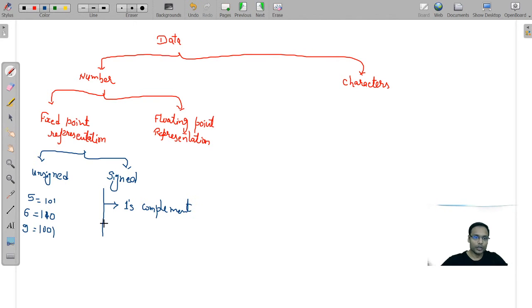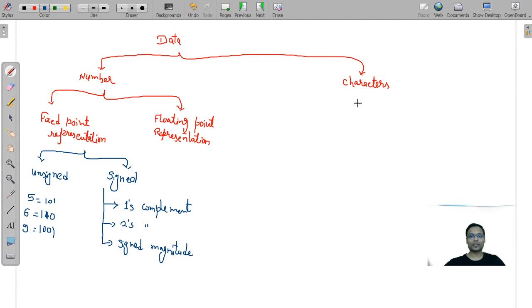Then next is two's complement method, and the last one is signed magnitude method. I hope you all know these methods of representing numbers. That's the fixed point number. Then we have another representation, floating point representation. These are the representations of numbers in binary.